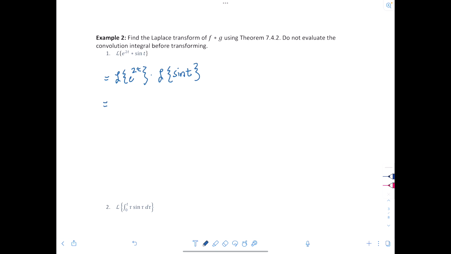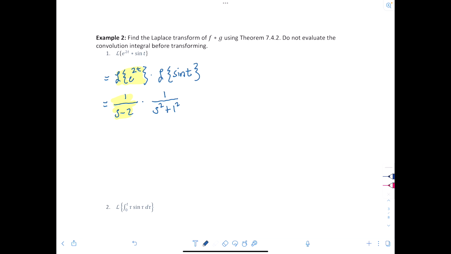which is, the coefficient of the e is 2, which is positive. So the first transform will be 1 over s minus 2. And so this whole thing is this. And then the Laplace transform of the sine function is the coefficient of the t, which is 1, over s squared plus the coefficient of t squared, which will just be 1 squared.